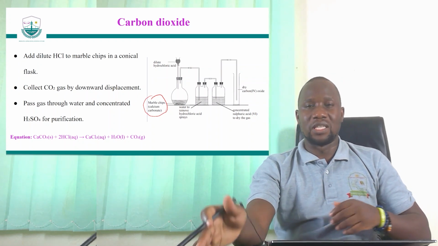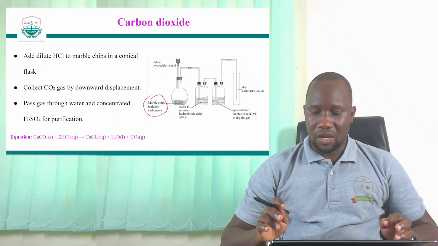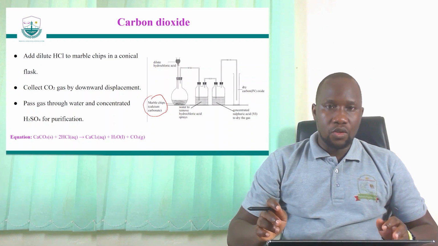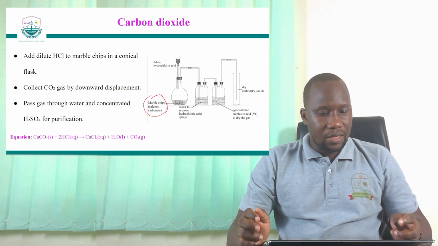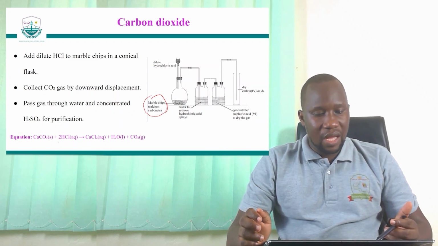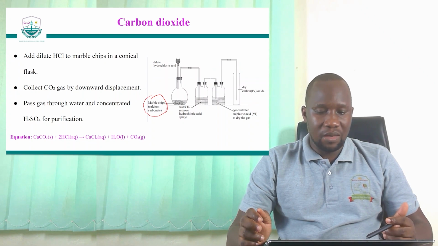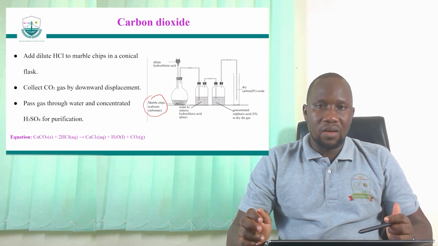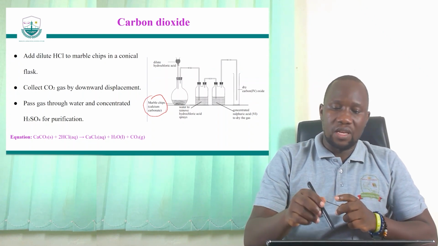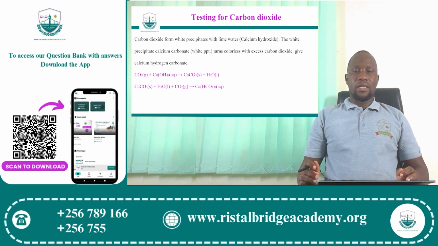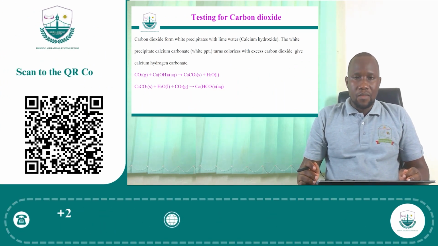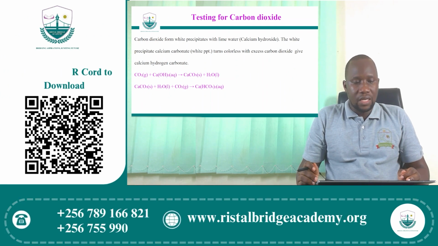That's why it has to be collected by downward displacement. The equation is here: calcium carbonate reacting with hydrochloric acid to form calcium chloride plus water plus carbon dioxide, which we are interested in. So what is the confirmatory test for carbon dioxide?